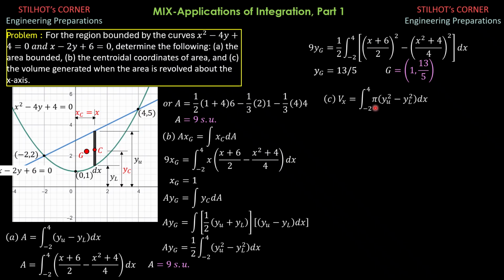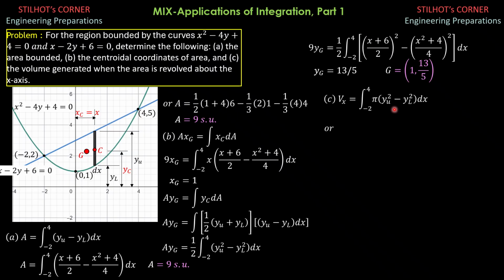So this is interpreted as the area of the big circle minus the area of the small circle times dx, where the big circle has radius, big radius upper y, and the small radius is lower y. So imagine a washer here, and that is set up already in the first part, the lecture part of volume generated by plane region.